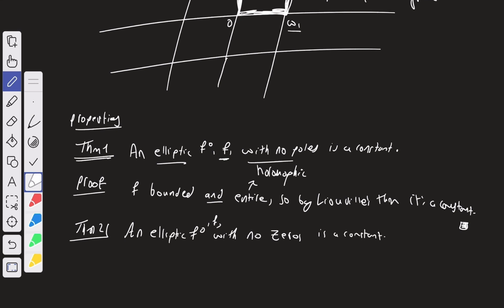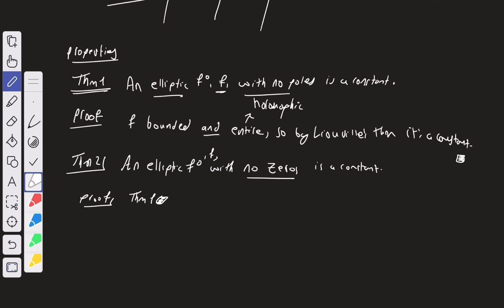We're trying to eliminate the trivial cases so that we can construct our first non-trivial example of an elliptic function. Since we're using this property of a meromorphic function from complex analysis, that it has an equal number of zeros and poles, it follows that if it has no zeros, then it has no poles, and thus it's a constant by theorem 1, right? So the proof is just theorem 1.